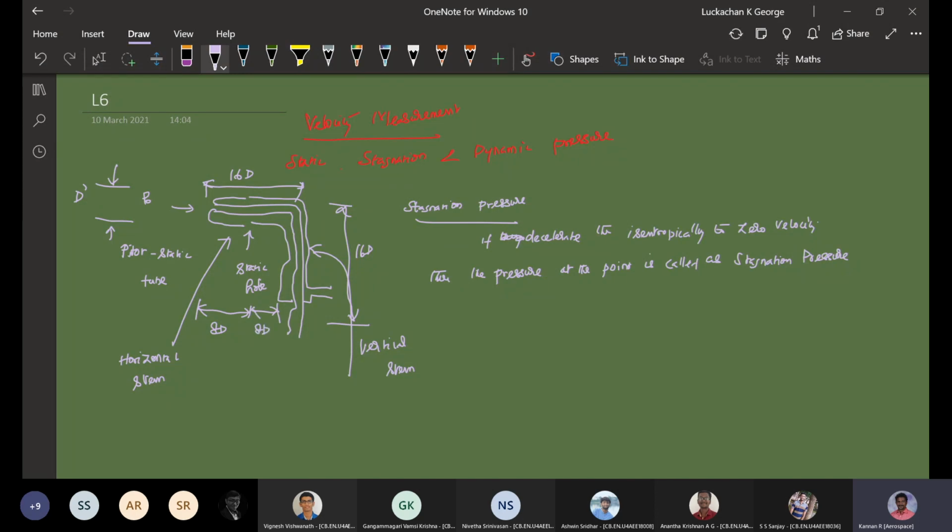The purpose of having 16D and 16D is that one stem is going to produce a longitudinal oscillation and the other a transverse oscillation, so they are going to cancel each other.